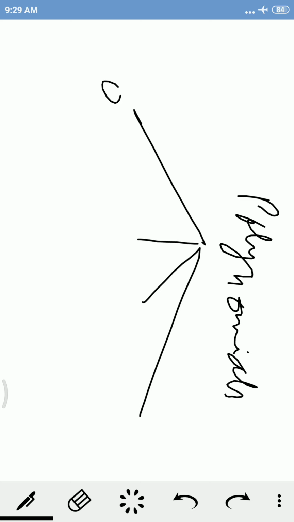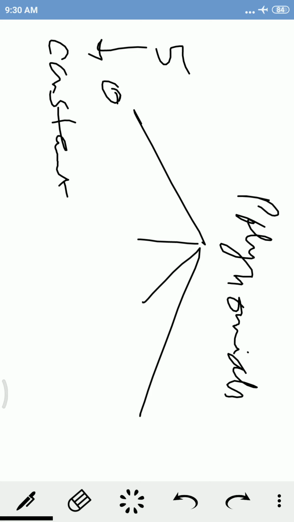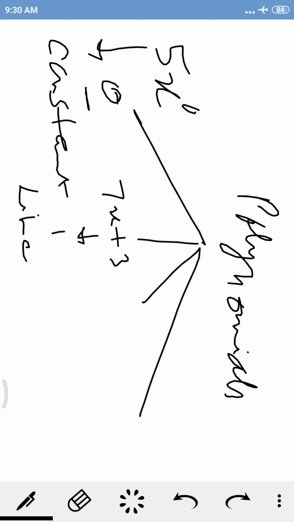If the degree is 0, it's a constant polynomial like 5. Now 5 is a constant polynomial and its degree will be 0 because 5 can be written as 5x raised to the power 0. Now if I am writing 7x plus 3, its degree is 1 and it is known as linear polynomial.